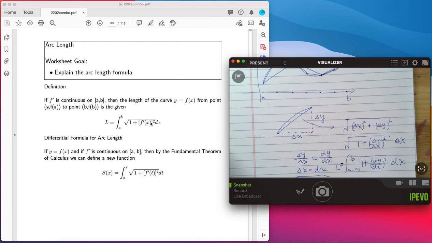To apply this, it's pretty straightforward. But I want to make one more comment before we finish today's class. When you take the derivative of the given function, you're going to square that, and then add a 1. So be very careful about the position of this 1 plus f prime squared.